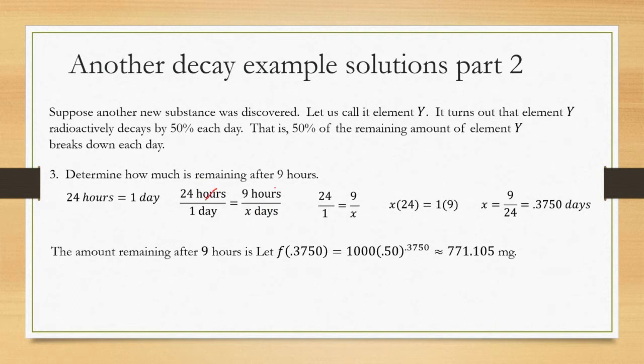So the units cancel: day and days cancel. Remember, even if it's plural or singular, they still cancel. Then we get this. And just like before, we have to cross multiply. So you get 24 times X, or X times 24, same thing, equals 1 times 9.